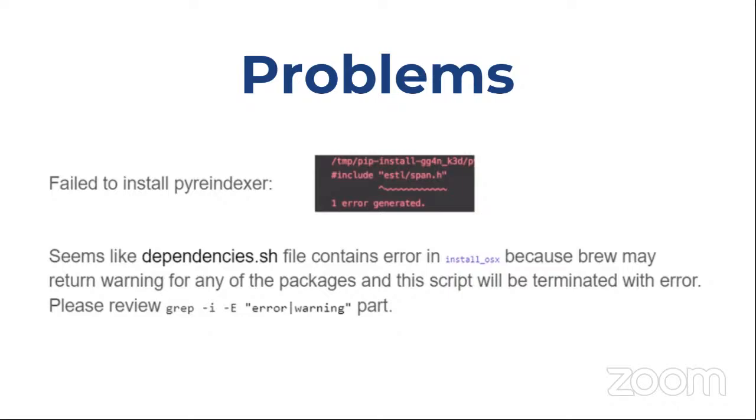Another problem: the dependencies shell script file seems to contain an error in the install step, because Brew may return a warning for any of the packages, and the script will be terminated with an error. And this is how it can be fixed.